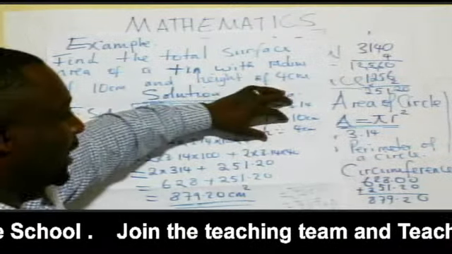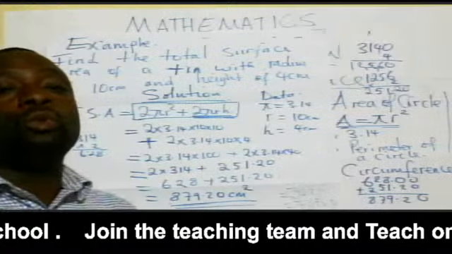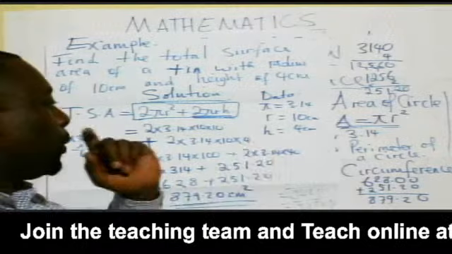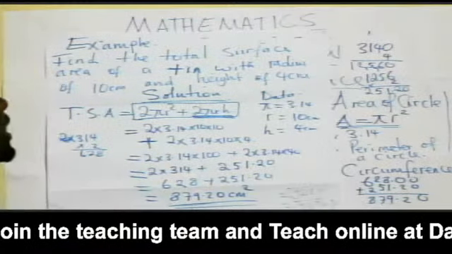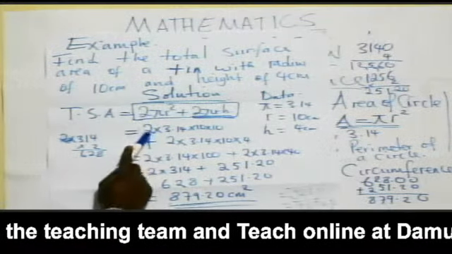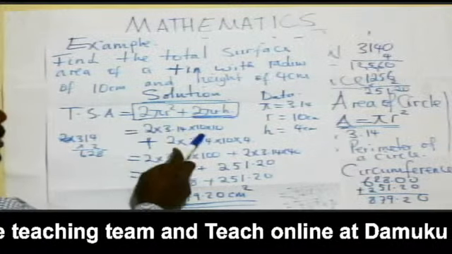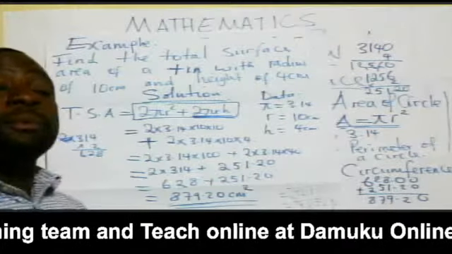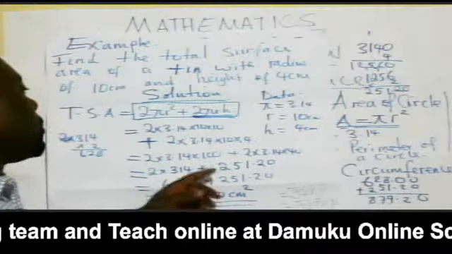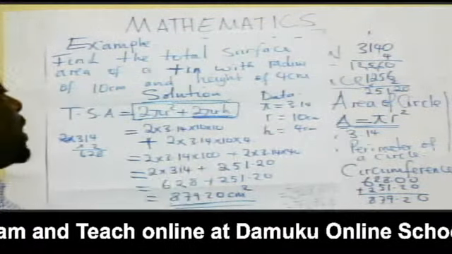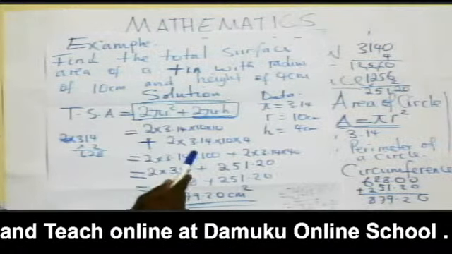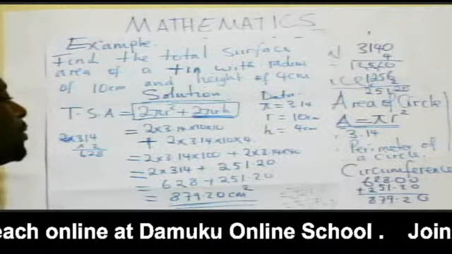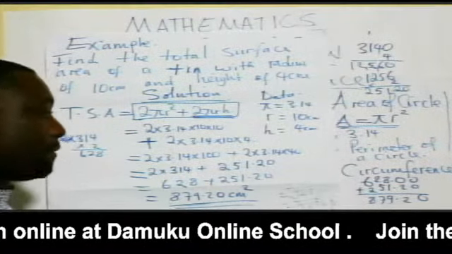Having collected the data, the radius is equal to 10 centimeters and the height is 4 centimeters. So we can replace: 2 pi r squared means 2 times pi times r times r. Are we together? So 2 times 3.14 times 10 times 10, plus 2 times 3.14 times 10 times 4.